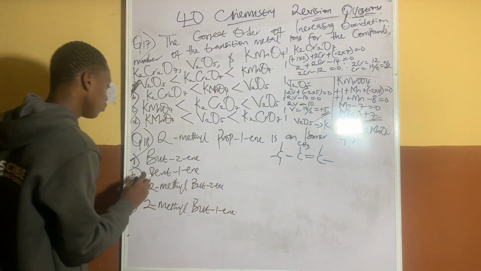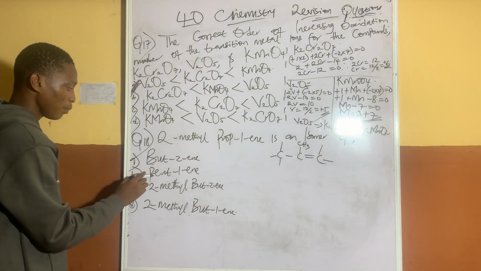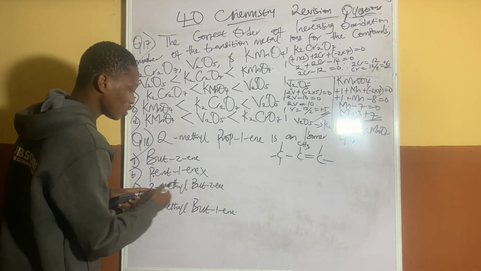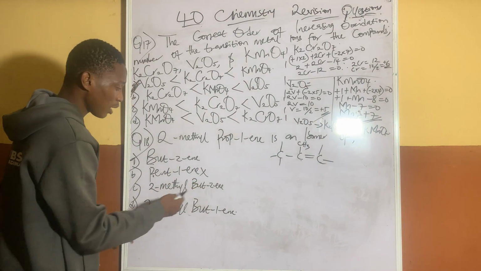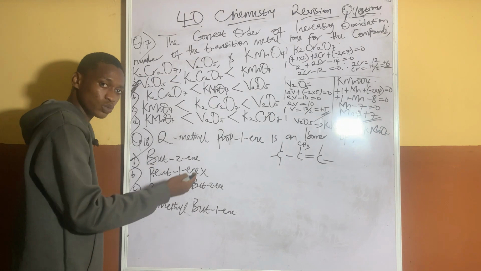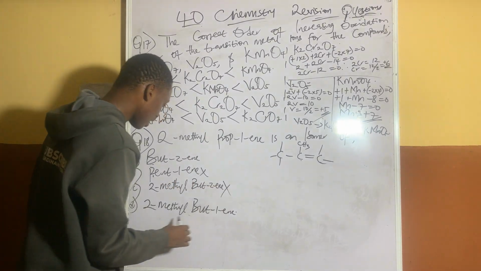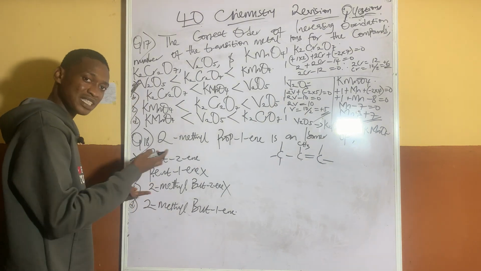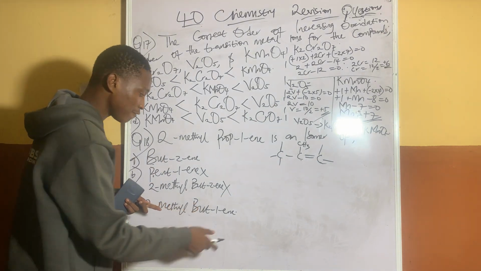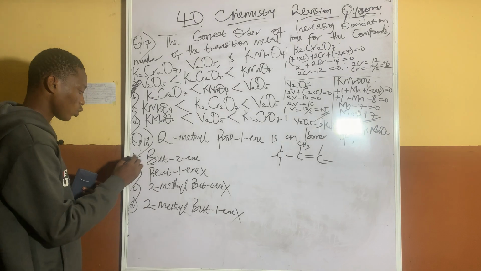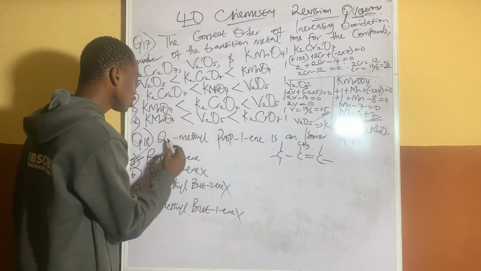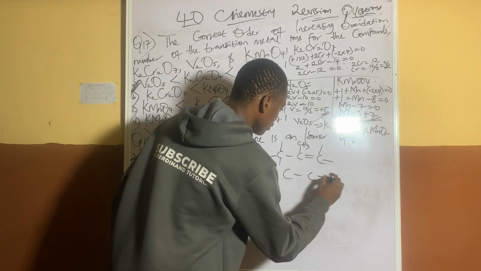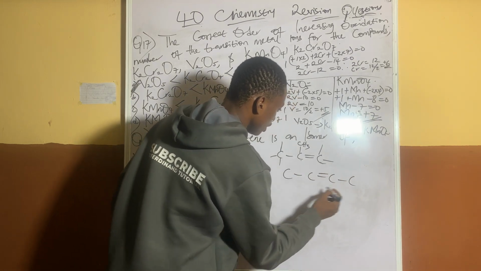Pent is 5, so this one is out. 2-methyl-but means 2-methyl plus but, which is 5, because but is the family name plus a branch, which is 5, so this one is out. 2-methyl-but-1-ene is also 5, so it is also out. The only option here is A, but-2-ene. So the isomer of 2-methyl-prop-1-ene is but-2-ene. Are we there now?